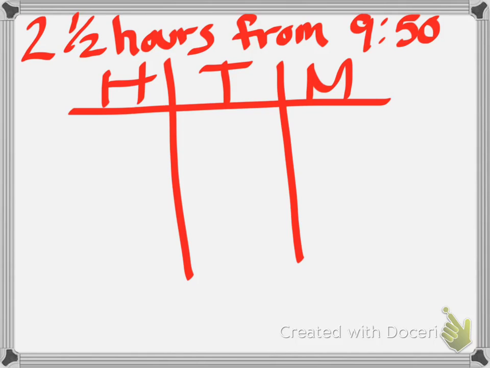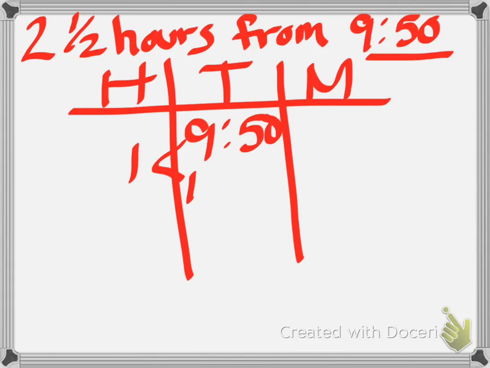Our start time here is 9:50. Then all we do is we add 2.5 hours. So if we added 1 hour to 9:50, that would give us 10:50. We had to add another hour to 10:50, and that would give us 11:50.